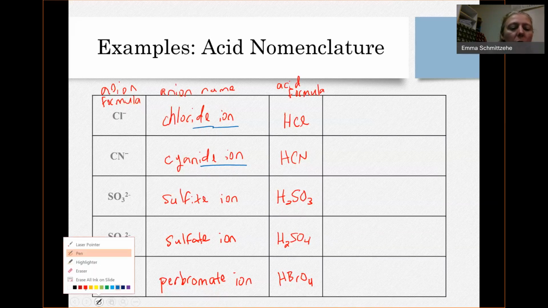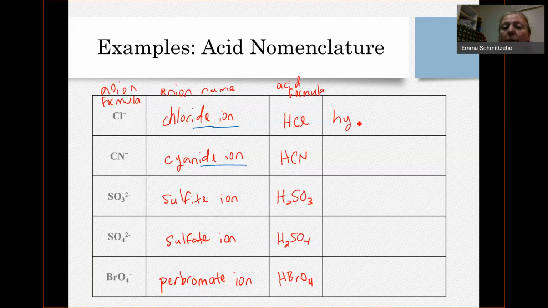And so what I do to convert to the name of the acid is I take what's there, I add the prefix hydro, okay? So hydro, and then I take everything but the "-ide" ending, so hydrochlor, and then I change that to "-ic" acid.